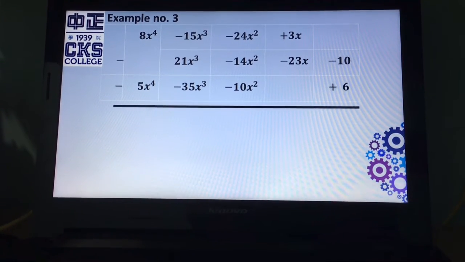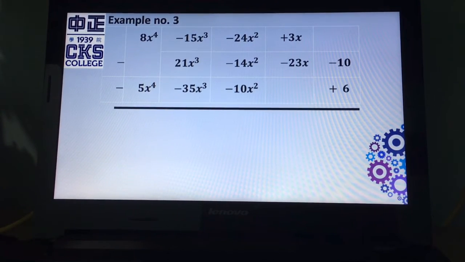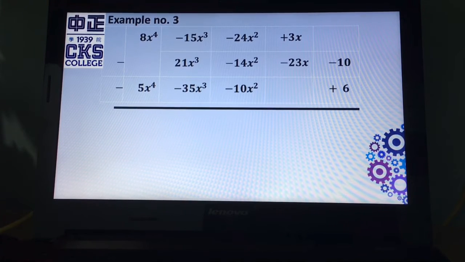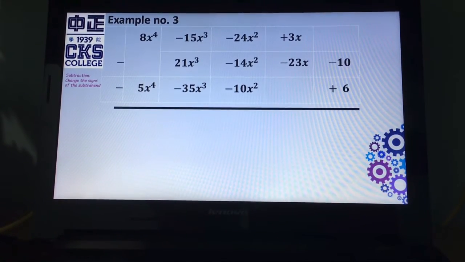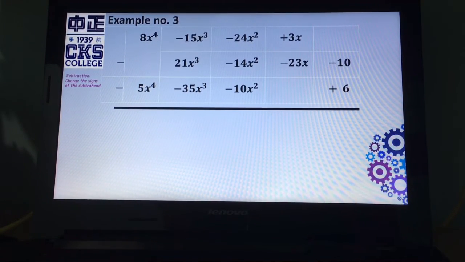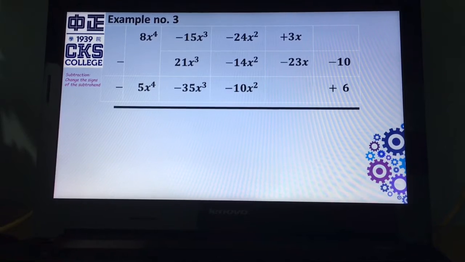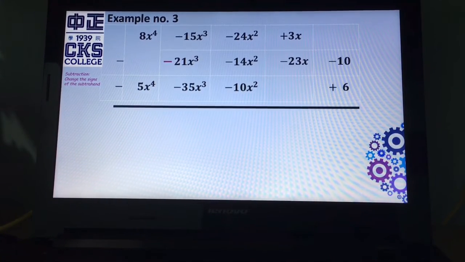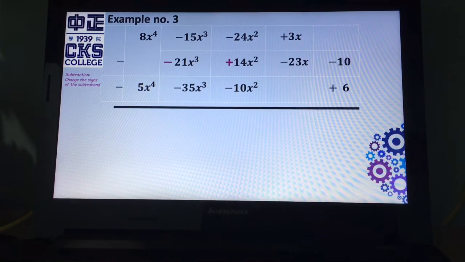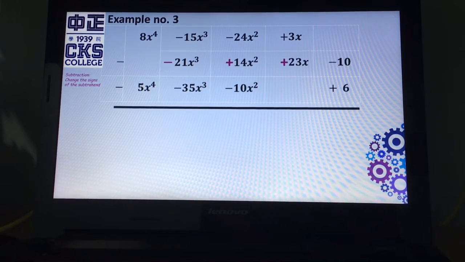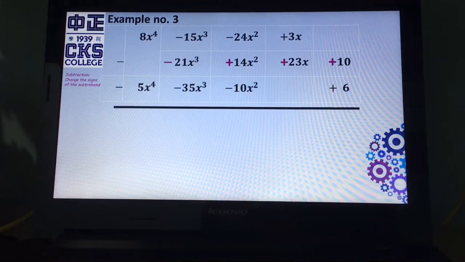Example number 3. So if you will notice, the terms are already arranged vertically. Again, for subtraction, you have to change the signs of the subtrahend. So positive 21 will become negative, negative 14 will become positive 14, negative 23 will become positive, and negative 10 will become positive.